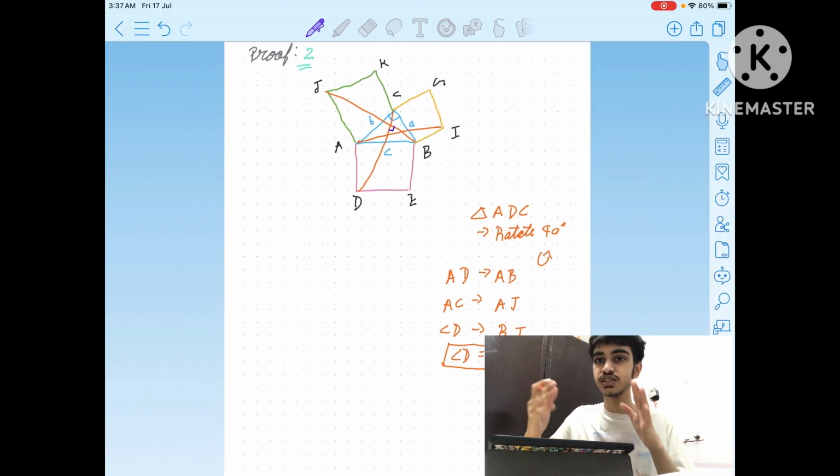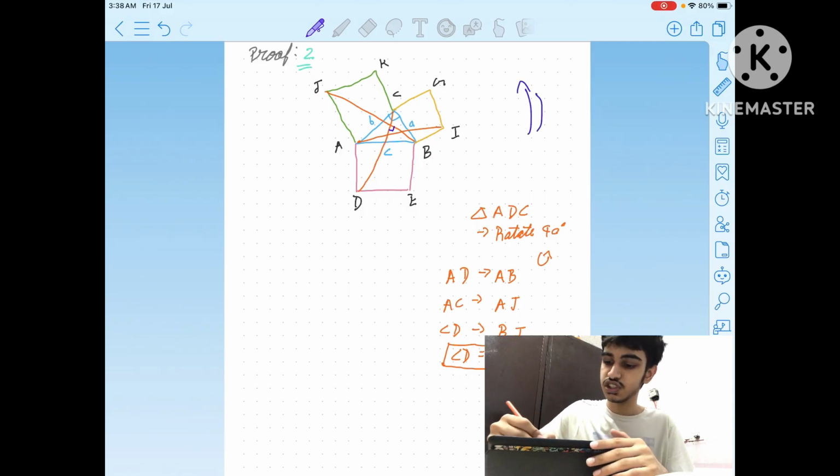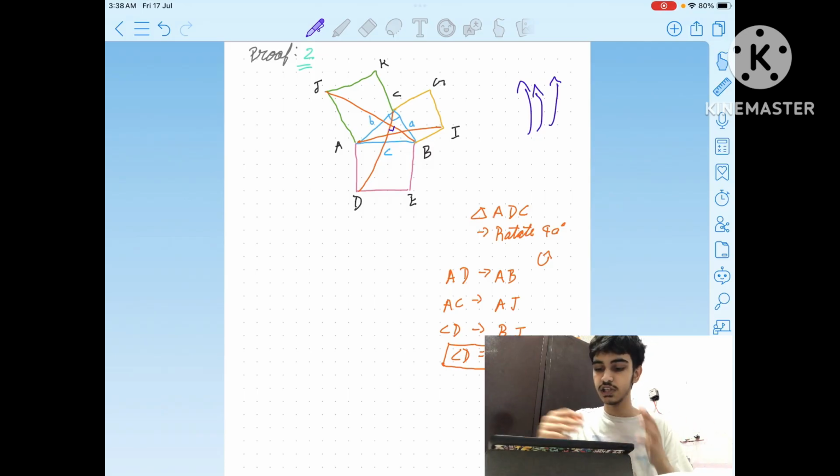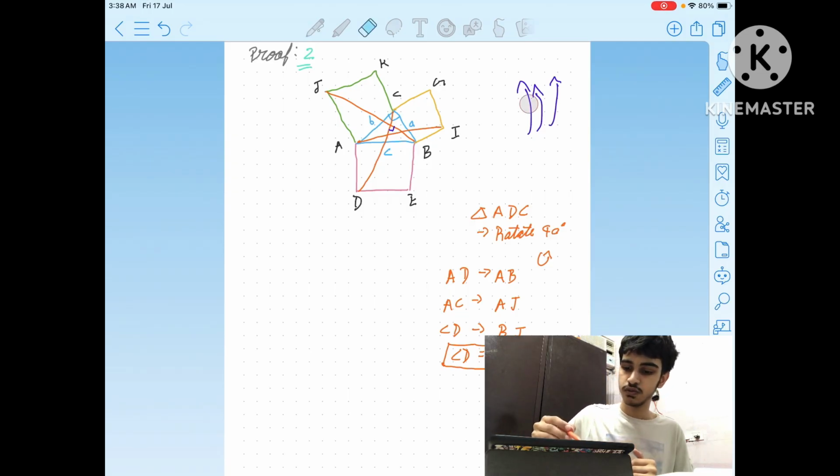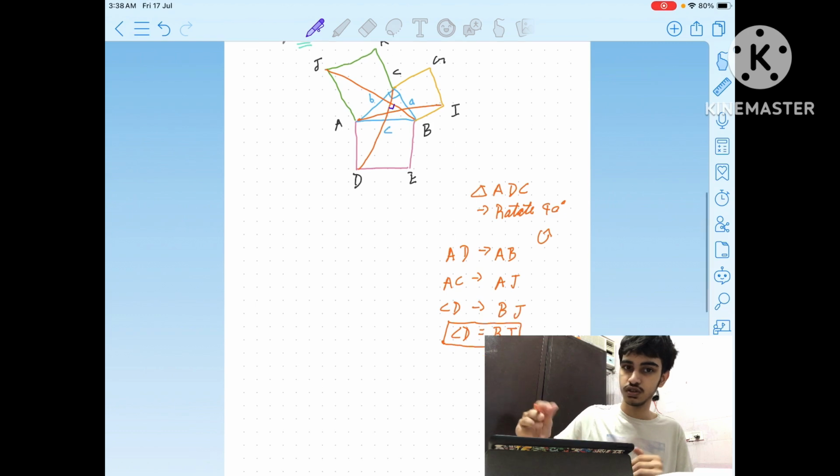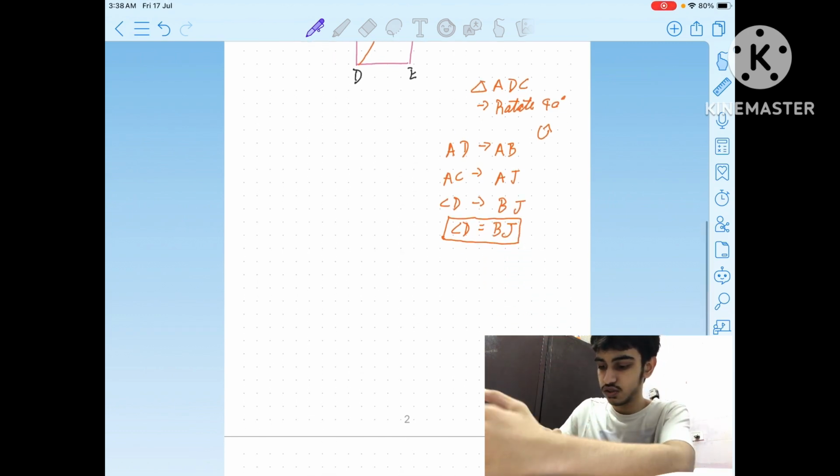When we rotate something, it rotates in a concyclic manner, right? Everything rotates, and when we have rotated this 90 degrees, this simply means that CD will be perpendicular to BJ. So we are going to write this down. So CD is perpendicular to BJ.